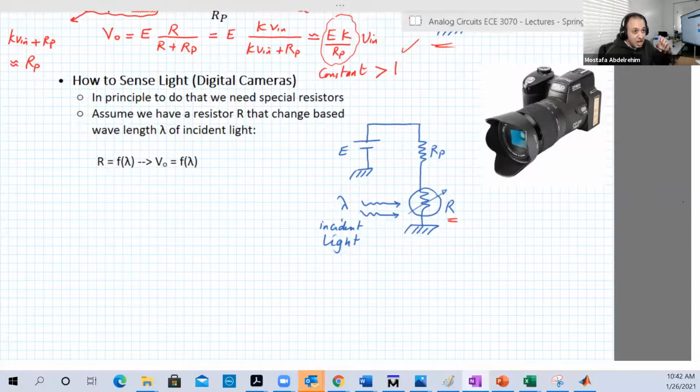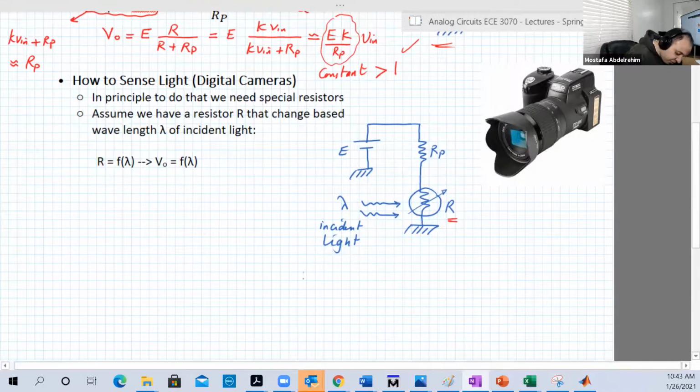Each color of the 7 colors of the rainbow has its own wavelength. So the resistance of the photodiode, or this device, will change based on the incident wavelength. For example, for red the wavelength is lambda 1, and you will have R1.